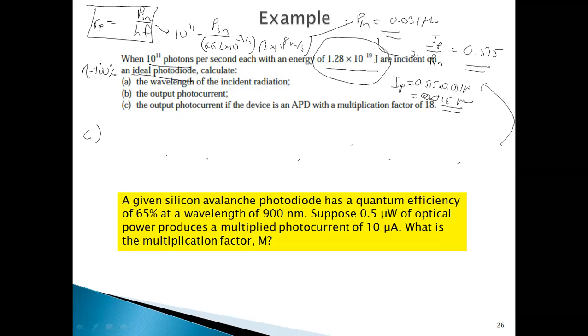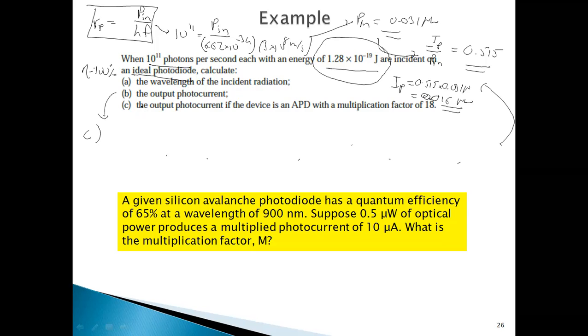The previous answer for part B is the case where we assume the photodiode has no internal gain, so it is either a PN photodiode or a PIN photodiode.